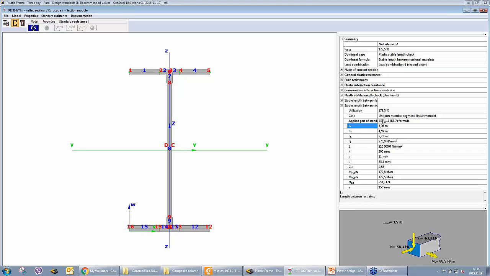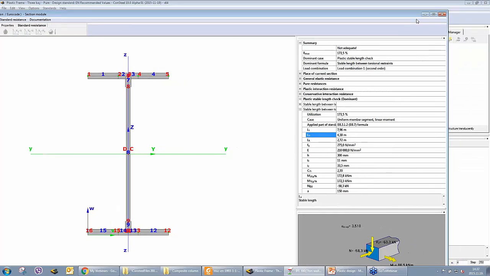And this is almost 8 meters. So we have a not adequate situation now. That is what we see now. The utilization is not good, or unbraced length, so the length between the restraints, is much larger than the limiting stable length here. So this is for our uniform member of our beam.